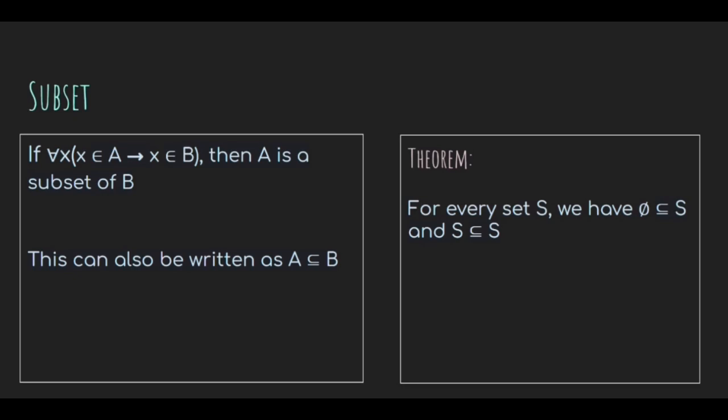Subsets. Again, we have the universal quantifier, and what this reads is, for all elements x, if x belongs to A, then x belongs to B. Which means, if we put this into an example, let's say we have our set A is 1, 2, and 3.